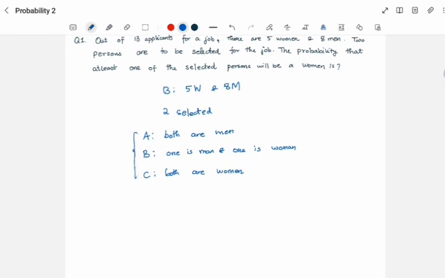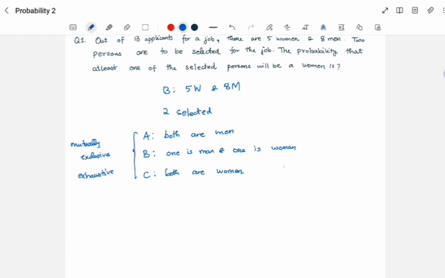If you see, these 3 events are mutually exclusive, meaning their intersection will be 0. That is to also say that when one has occurred, the other cannot occur. So if both are men, then one cannot be a woman. And also, they are exhaustive.